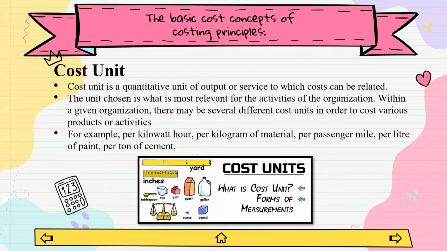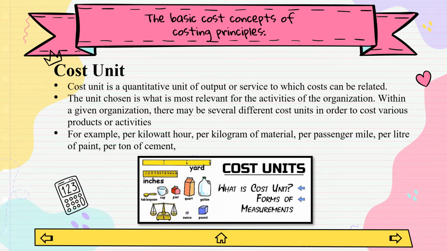Then I will present about the basic cost concept of costing principles. The first one is cost unit. A cost unit is a quantitative unit of output or service to which cost can be related. The unit chosen is what is most relevant for the activities of the organization.